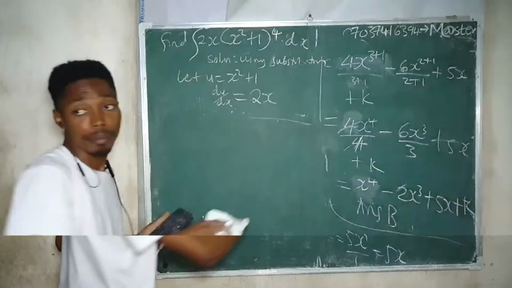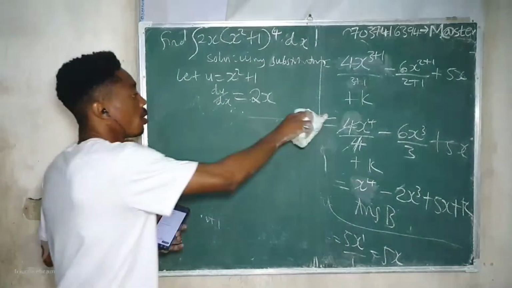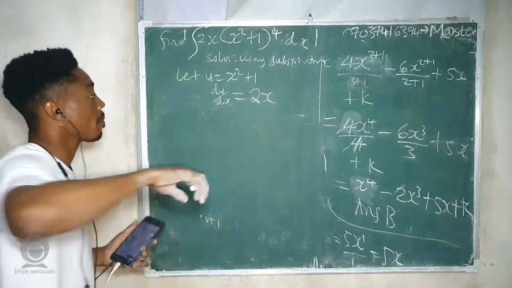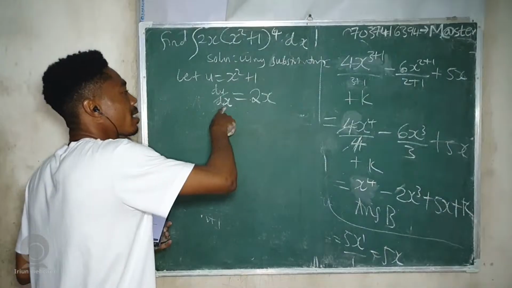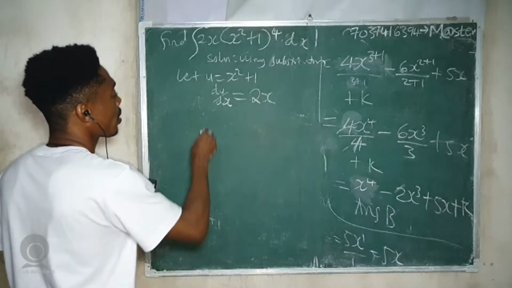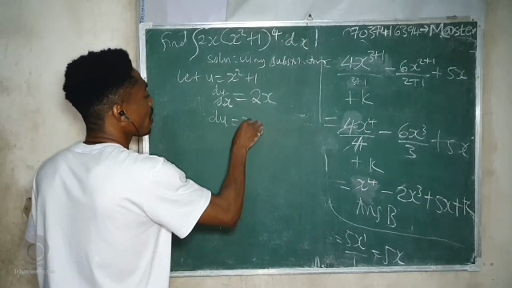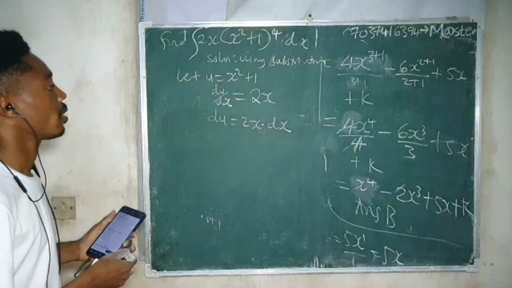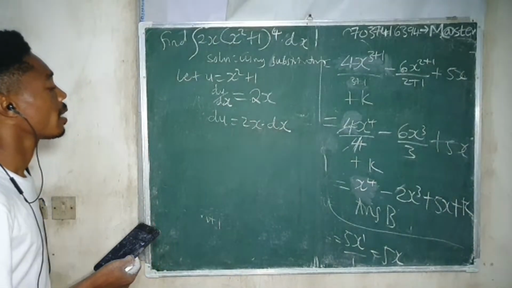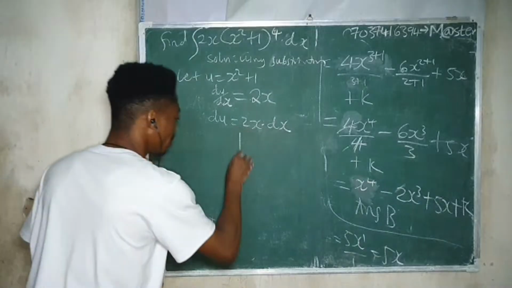Now, from here we can say that differentiating this, du dx gives us 2x. That means that du is given as 2x dx. There are two ways we can do this.